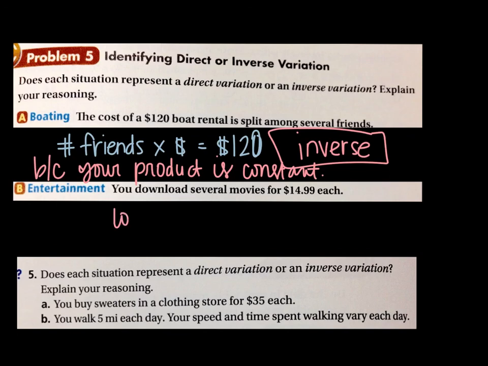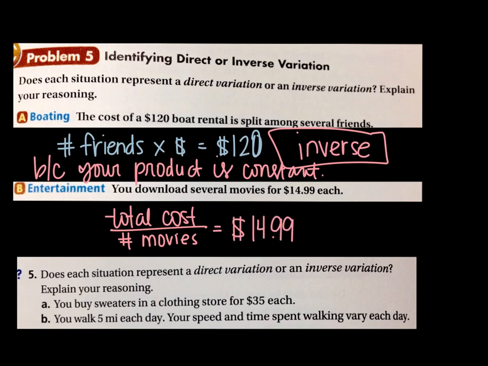Actually, if you take your total cost and you divide it by the number of movies you purchase, what's going to remain the same is the $14.99 that you paid. So the ratio here stays the same, which makes it a direct variation. And your reasoning is because the ratio stays the same. And here it was because the product stayed the same.